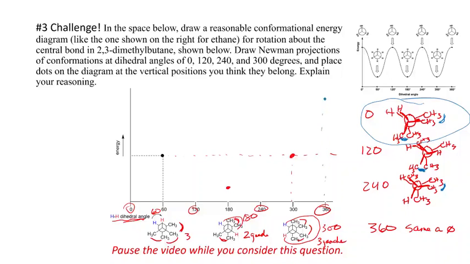We'll just put it somewhere really high up here. All right, what about these 120s? Well, they're eclipsed, so we know they're higher than any of the staggered, but they're in between. So we'll put them right here. And now we're ready to draw our diagram. Something like this.